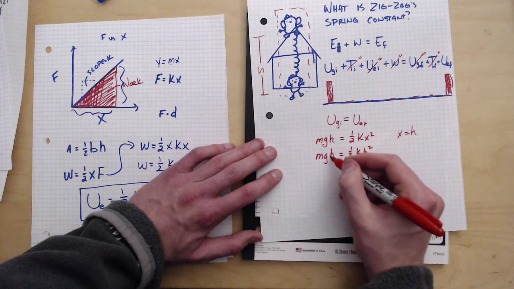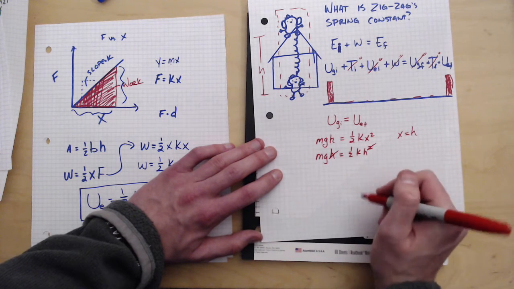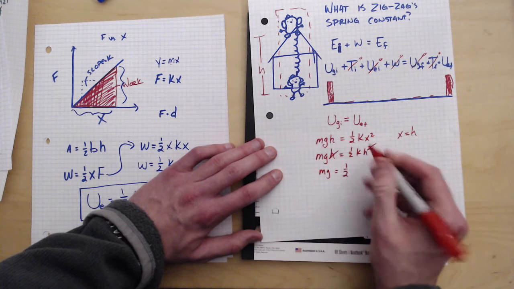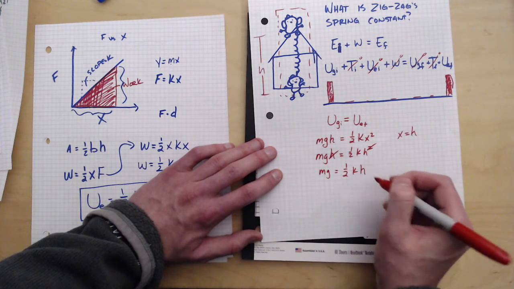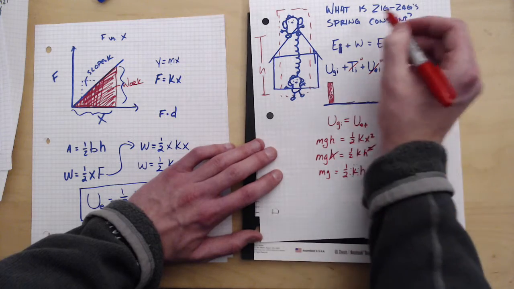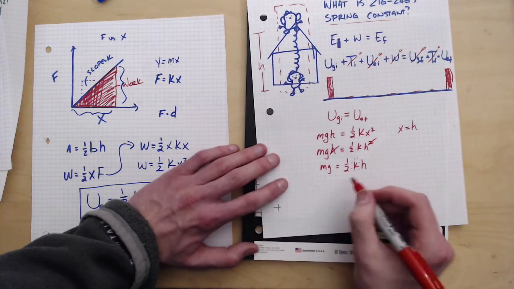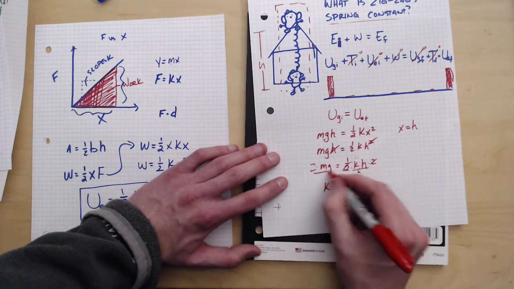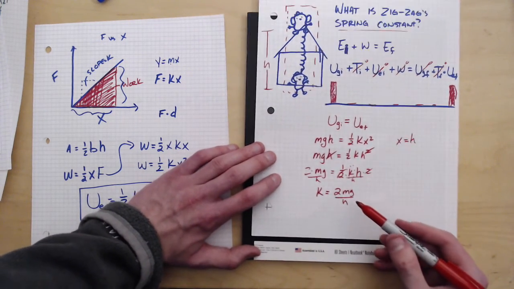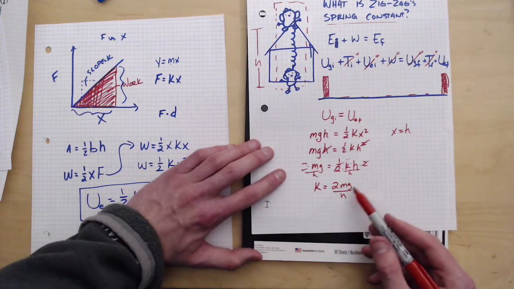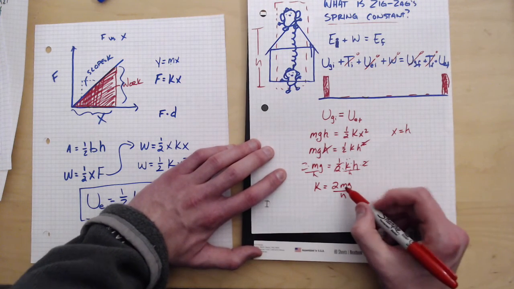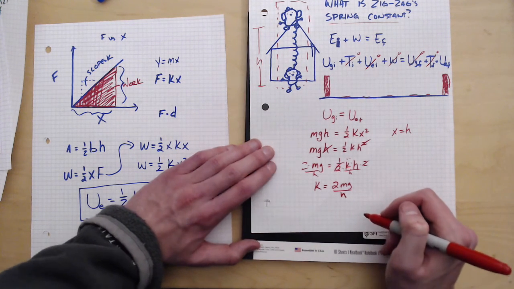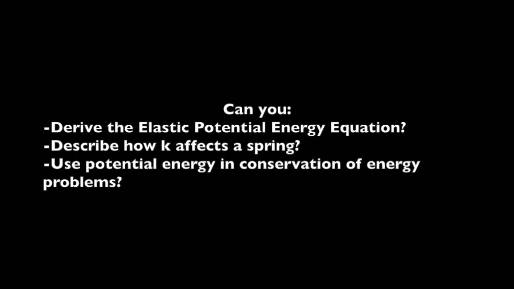And looks like we have some sort of cancellation here. So we're going to get mg is equal to 1/2 kh. And remember, we're solving for k. So let's rearrange this equation. And we're going to get a spring constant of 2mg over h. So this is going to be the mass of Mr. Potato Head, the gravity, and the height of the house.